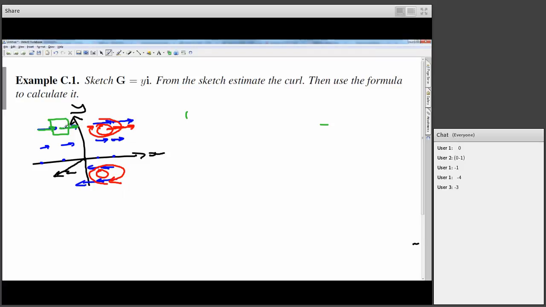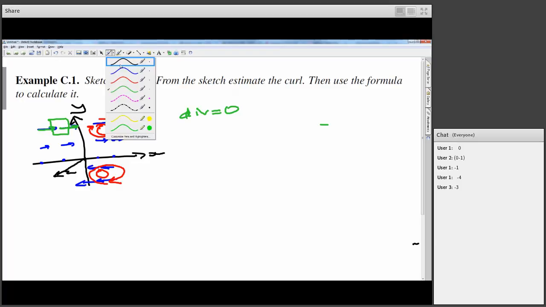They both have length 2, as I described earlier. So the flow in and flow out are exactly identical to each other, and so the net flow is 0. We expect the divergence, at least with that box I drew, will be 0. And if we did the box anywhere else, it's the same sort of thing happening. The flow in and the flow out end up being the same.